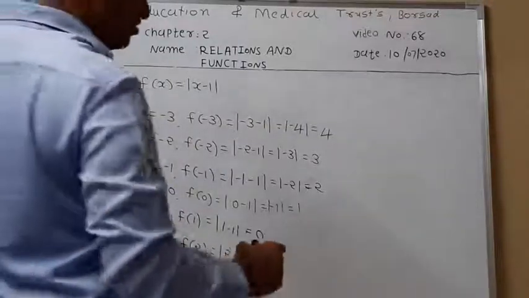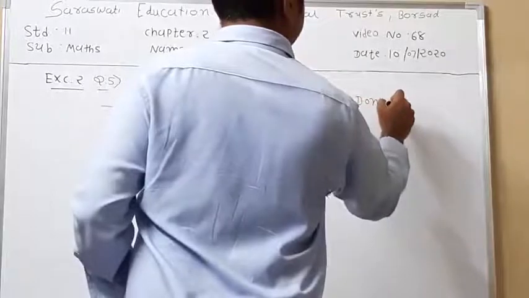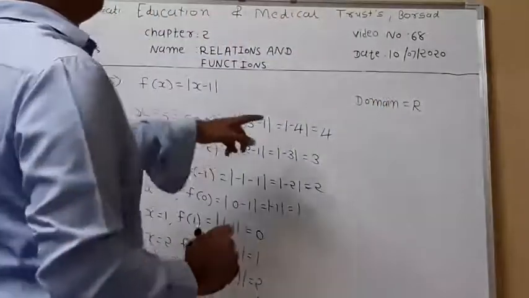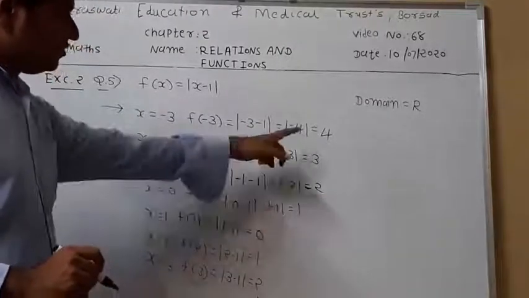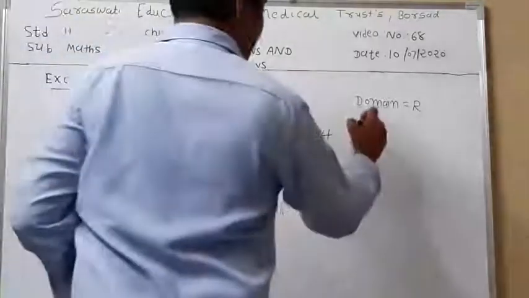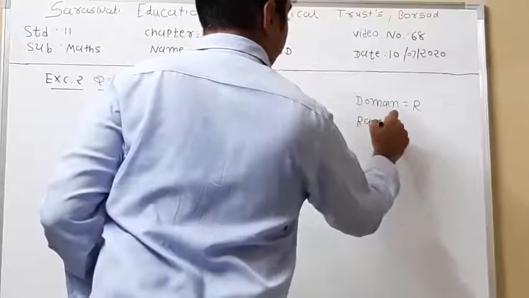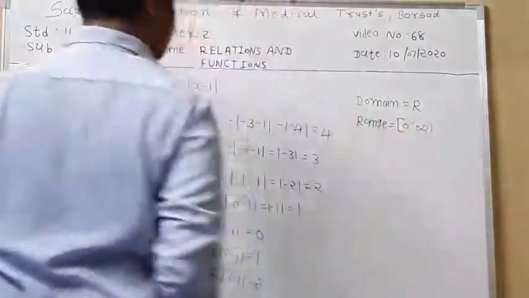So our domain is R. Now in the case of range, we get the minimum value 0 and the remaining values are positive. So our range is the closed interval 0 to infinity. Clear?